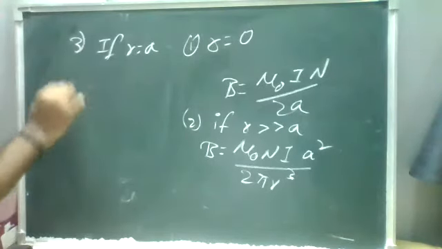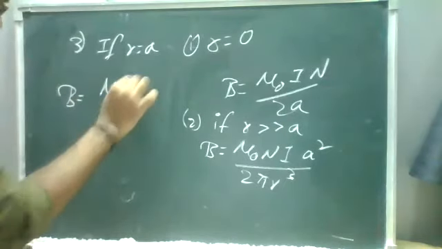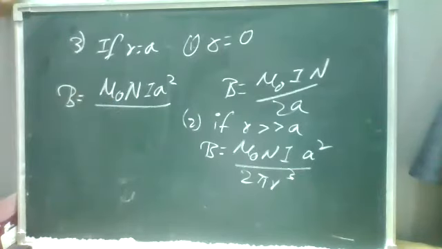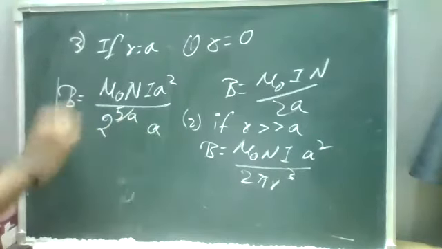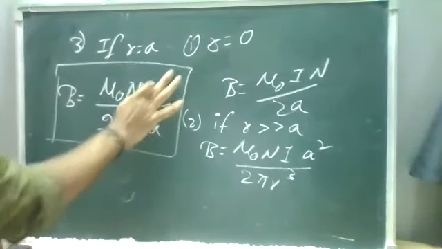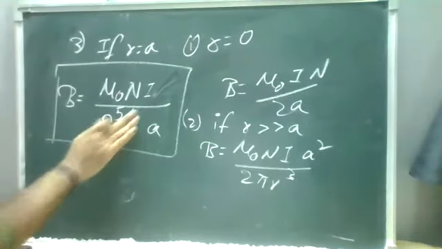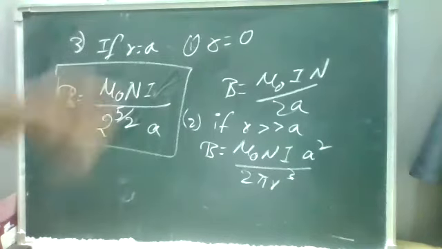So when r is equal to a, magnetic field B is equal to mu naught n I by 2 power 5 by 2 a. If you want, you can check this one also. So these are your three different cases.